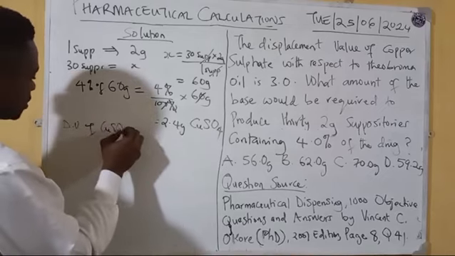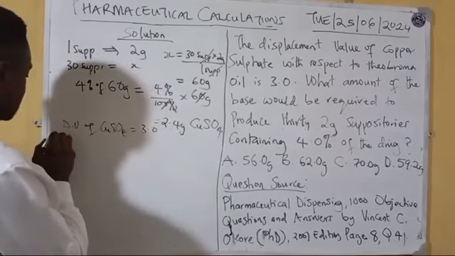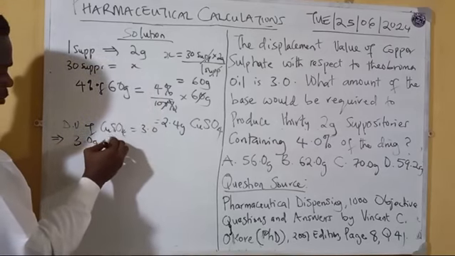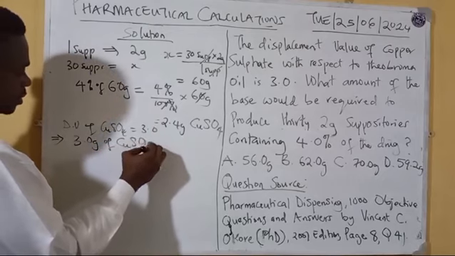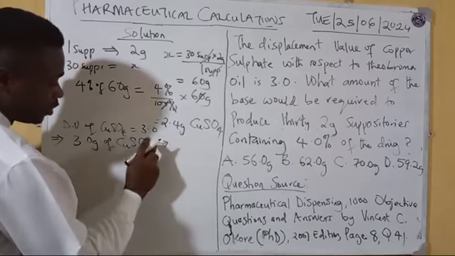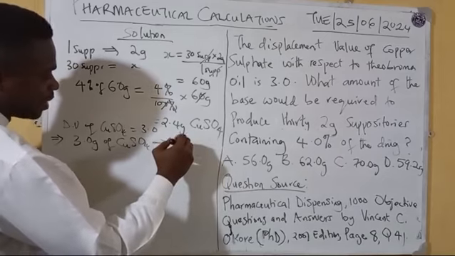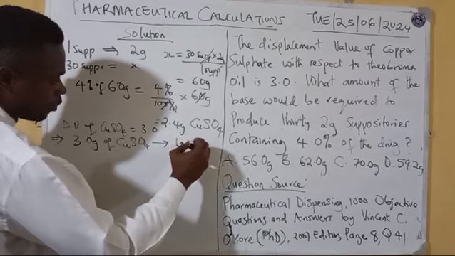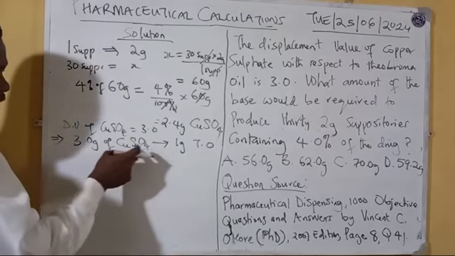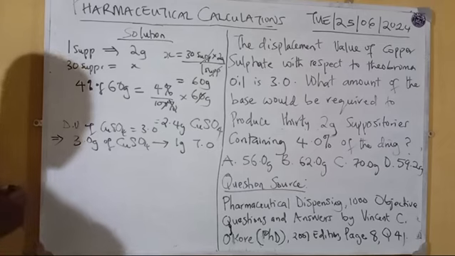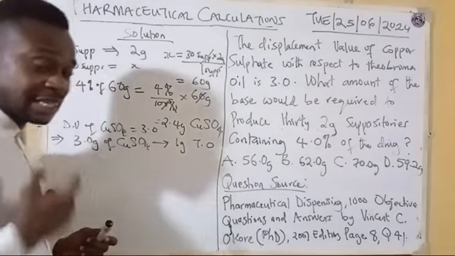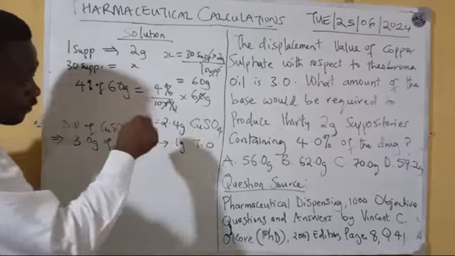Let me use TO for theobroma oil. Remember, we want to determine the amount of the theobroma oil, which is the base, that will be displaced by 2.4 gram of copper sulfate.